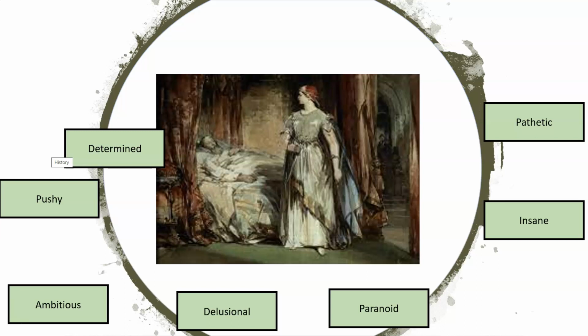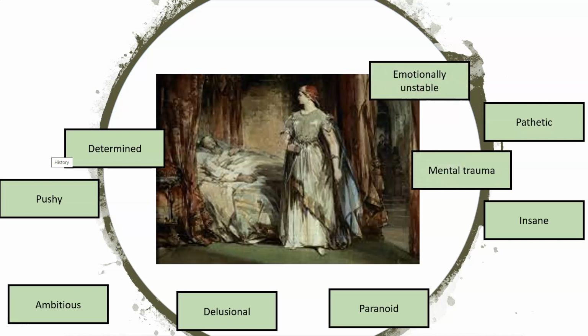In the beginning, like Macbeth, she is portrayed as being strong, influential, powerful, dominating, quite manipulative. But as the play progresses, towards the end of the play especially, she becomes quite a pathetic character. Okay, she suffers from emotional and mental trauma, which makes her quite unstable.